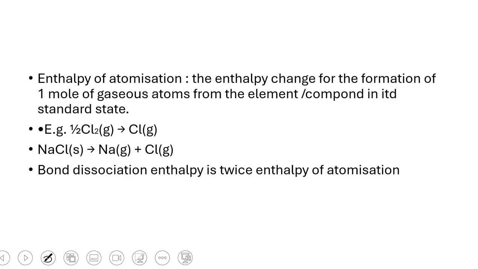And then we also have the enthalpy of atomization. That's the enthalpy change for the formation of 1 mole of gaseous atom from the elements or compound. Sorry, this is S. This is supposed to be S in its standard state. So it's like the bond dissociation enthalpy, but then it's half of the bond dissociation enthalpy.